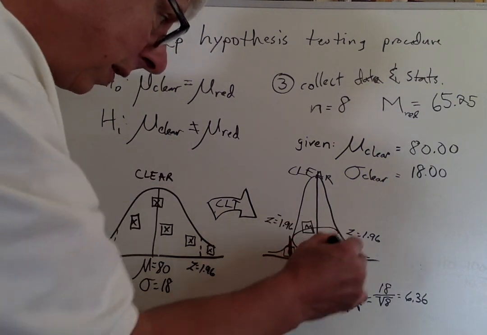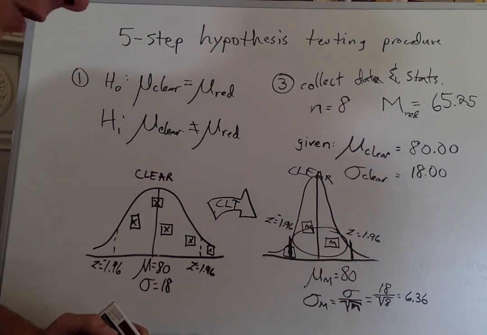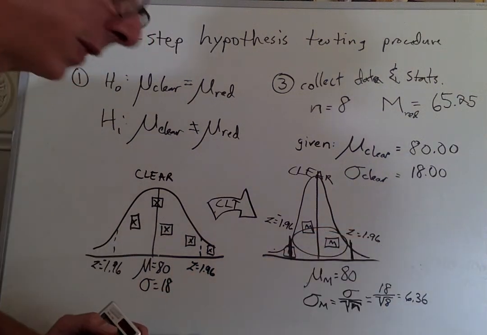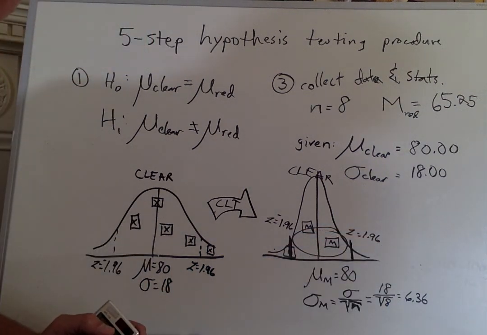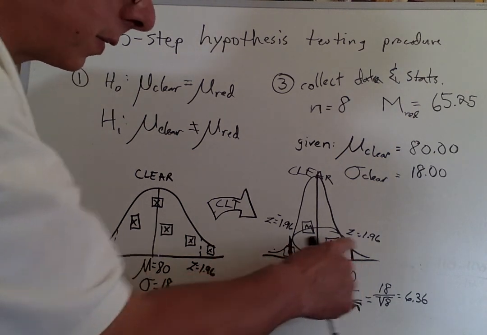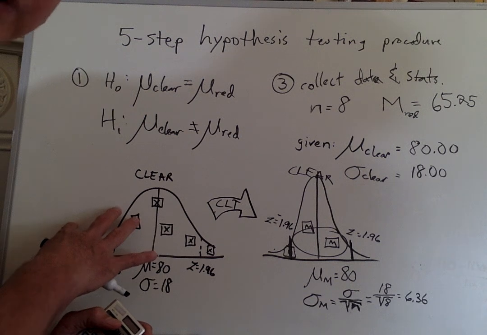Anything in here, we'd say the red is equal to clear. Anything out here, we say it's unequal. Okay? And by the way, this corresponds to our step 2, right?